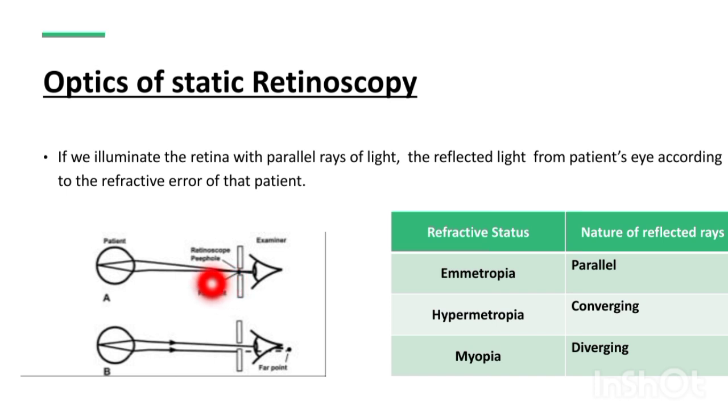If this is a hypermetropic eye, the reflected rays will be converging rays, and if this is a myopic eye, the reflected rays from the retina will be diverging rays.